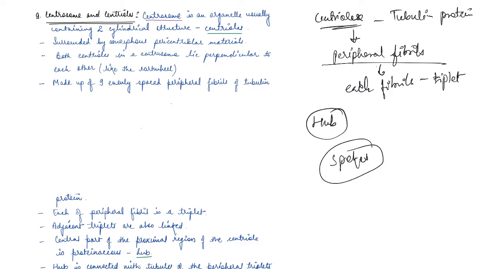Now, the centrioles basically form the basal body of cilia and flagella, right? So we ended cilia and flagella saying that they are attached to the basal body. These centrioles form the basal body of the cilia and flagella, and also spindle fibers that give rise to the spindle apparatus, which is used during cell division. So we are going to study cell division as well, where you'll study spindle fibers and the spindle apparatus.